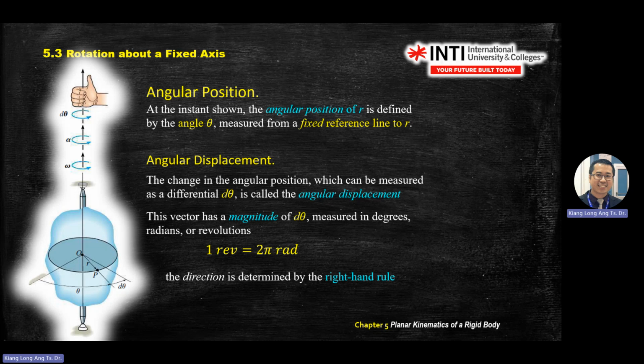This is a displacement, like the S you learned in particles. This one, omega, will be velocity, an angular velocity, the change of this one. Alpha is acceleration, angular acceleration. All of this is angular.